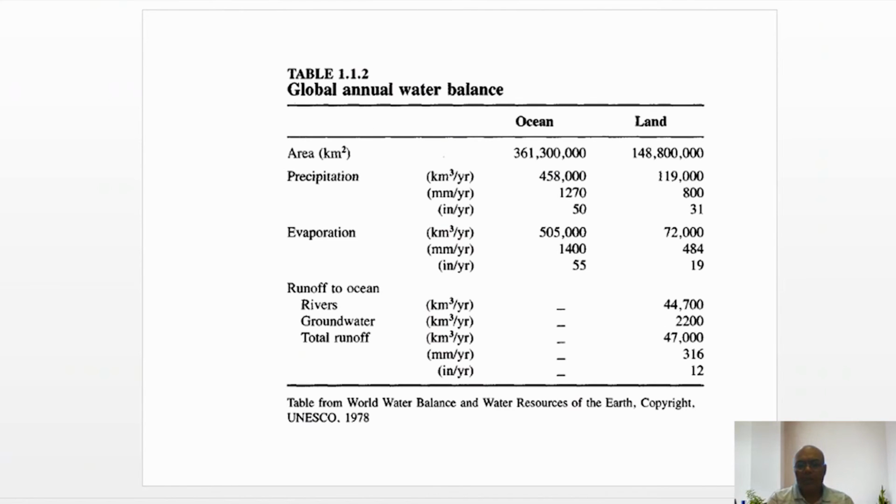So this is the global annual water balance. We can see that the evaporated water from land is equal to 72,000 kilometer cube per year.